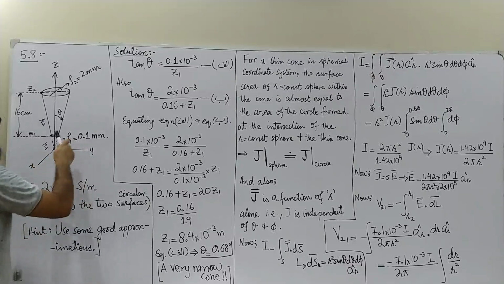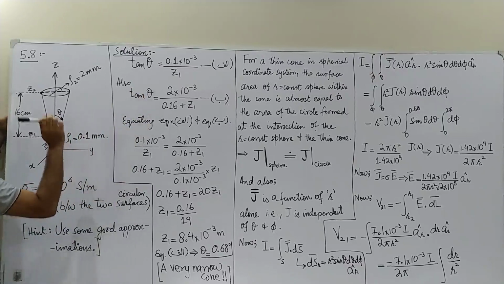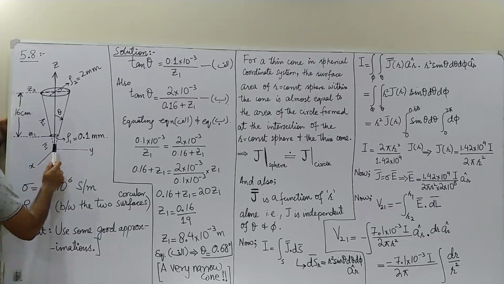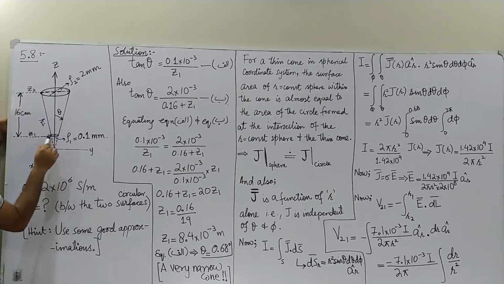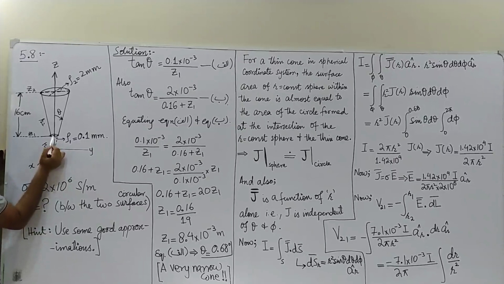First of all, let's try to find this theta. So we know that tangent theta is perpendicular upon base. So for this smaller circle, this distance is the perpendicular, which is given to us from the z-axis to this end. This is 0.1 millimeter divided by this height, which is z1.